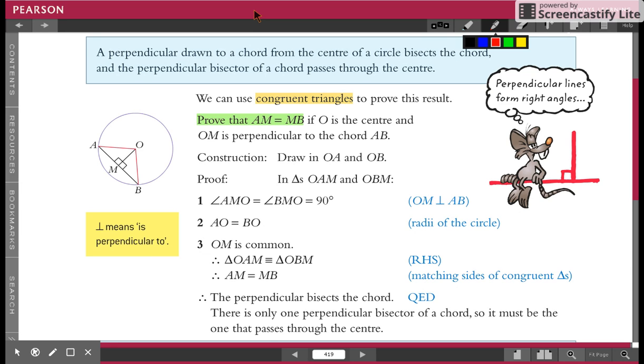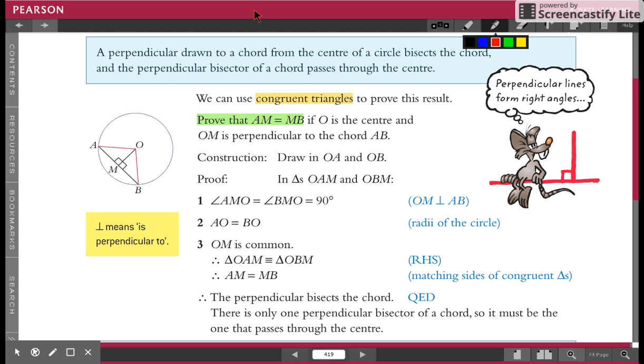So if you consider OA and OB, what's special about them? Well, you can see that they are both the radii of a circle. That's the point there under point 2 for the proof. Now, I would like to use that point there before point 1 because I think that it's more vital to showing you how this proof comes about.